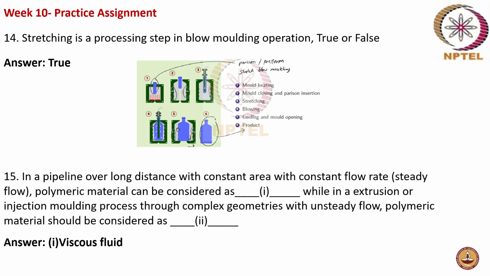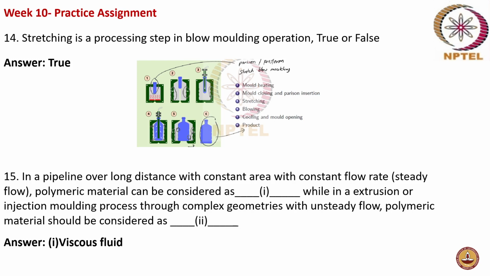Because of the steady state flow over long distances, you can eliminate the elastic response, because the strain rate is maintained the same and the geometry is also constant area. So you can consider the polymeric material as a viscous fluid, and the calculations can be made.